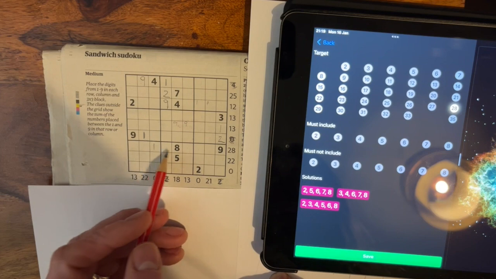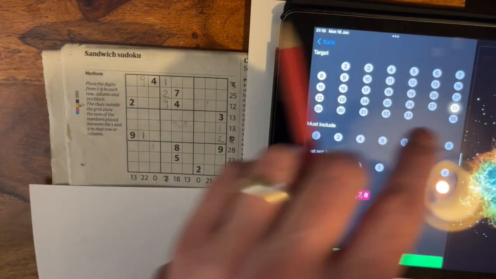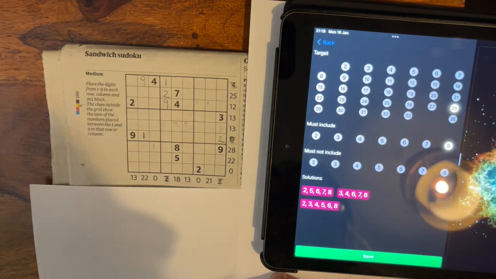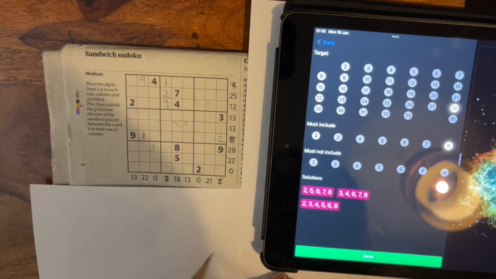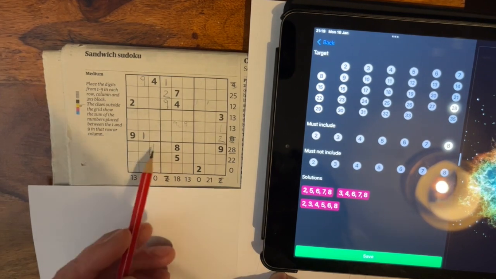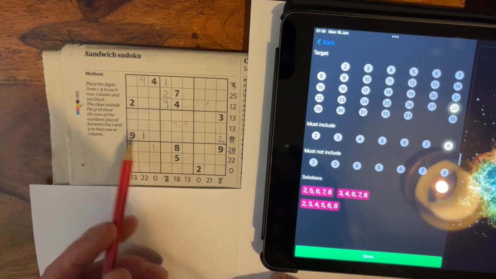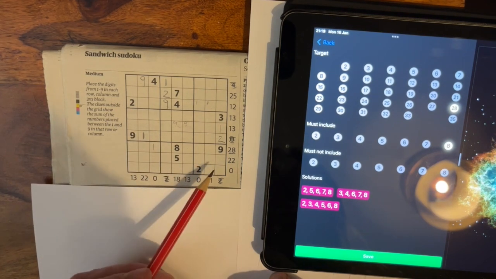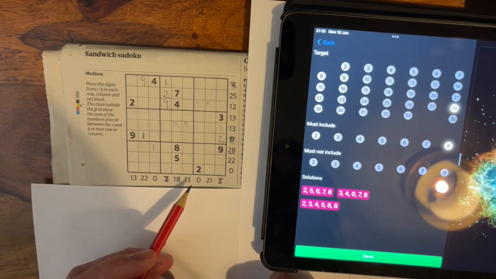And we also know that it has to include an 8. So it must include 8. Okay, that didn't help, because all of these answers had an 8 in anyway, but it doesn't hurt. But we've got the 1 and the 9 at least, so we've got a bit closer to getting at least the 1s and the 9s, which are usually the ones I go for at first.